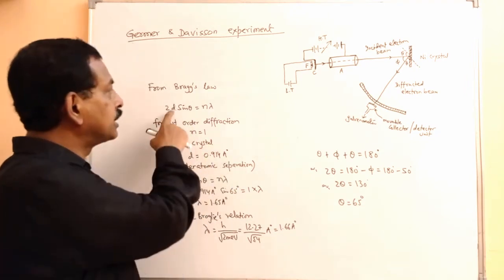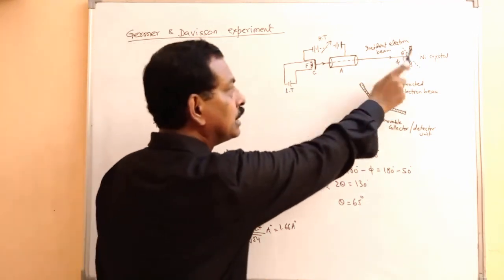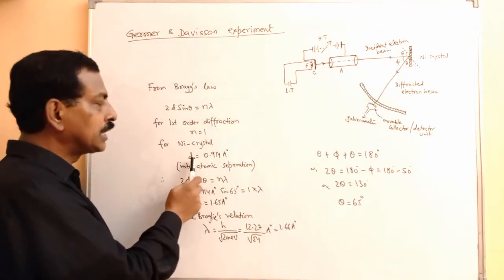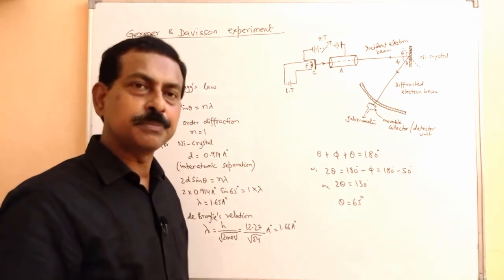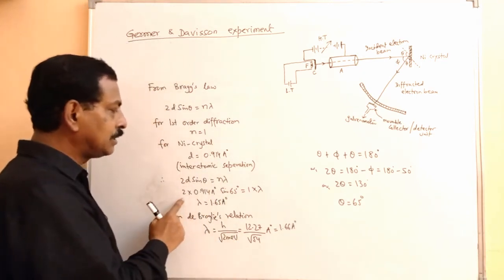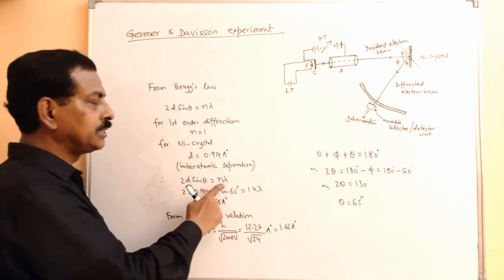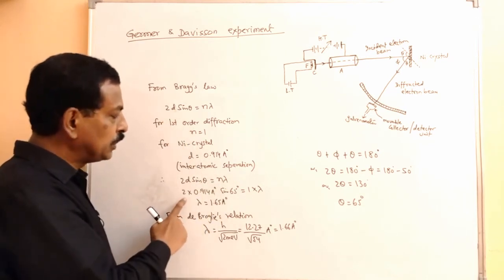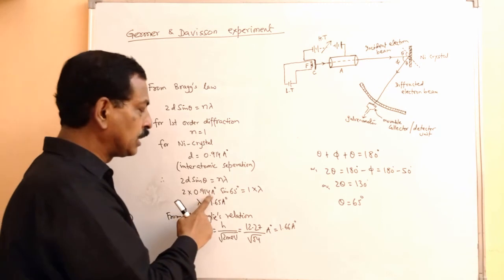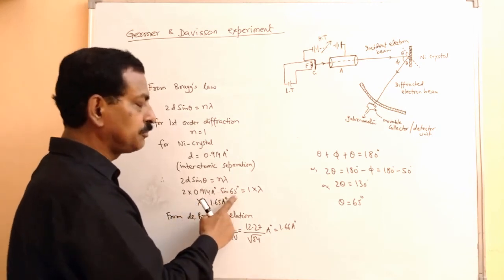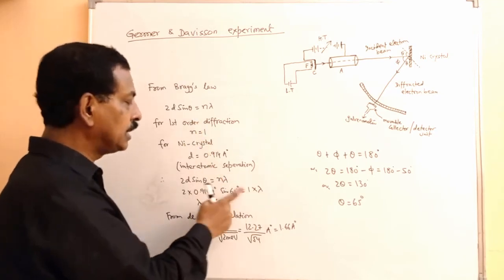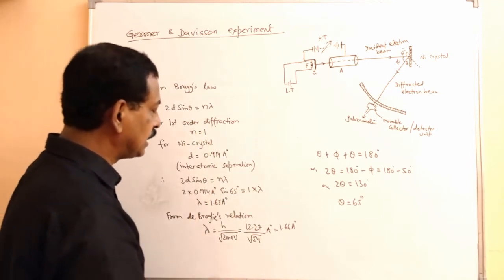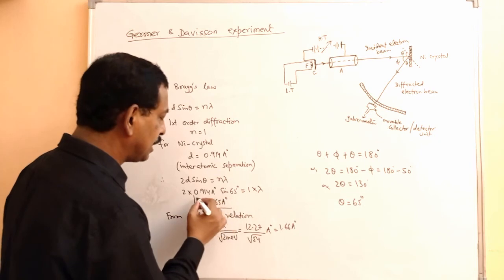For the nickel crystal, because we have used a nickel crystal here, this value of d is 0.914 angstrom. So if you substitute that in the formula, 2d sine theta equals n lambda, we get 2 into 0.914 angstrom into sine 65 degree, that is 1 into lambda. n is 1 here. So lambda value we get as 1.65 angstrom.